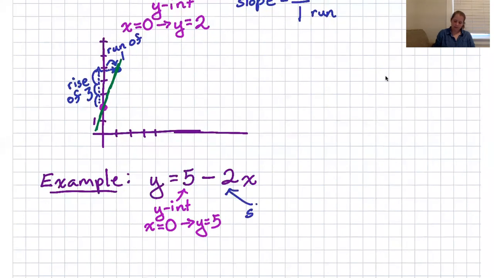Our slope is negative 2. We can always throw a 1 underneath. So our rise is negative 2, our run is 1.